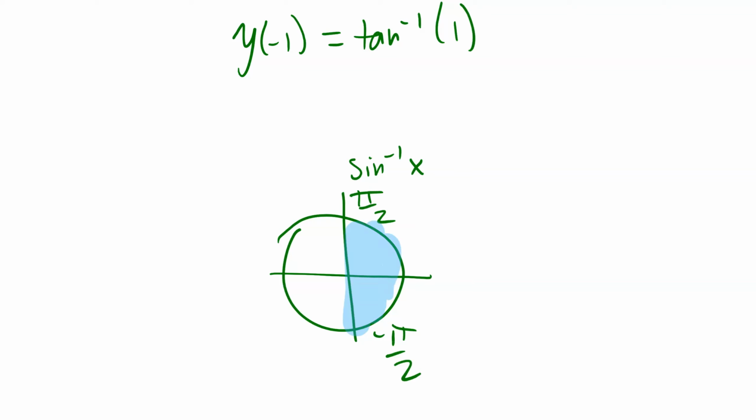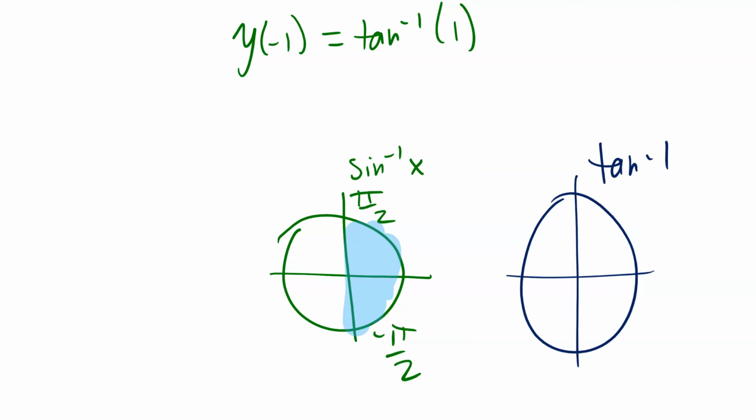Now, we're trying to find tan inverse of 1. There are two places where tangent is positive and equal to 1: first quadrant and third quadrant. But we want the angle in the first quadrant because tangent inverse is only defined between the first and fourth quadrants. So it's pi over 4.